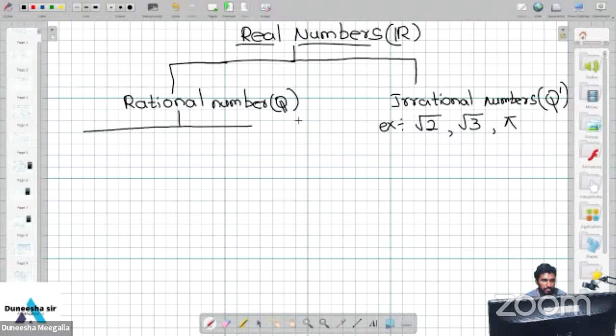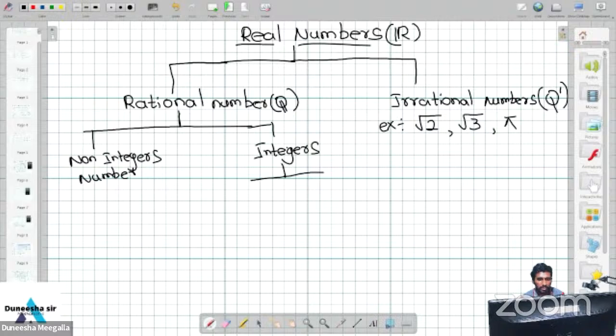Rational numbers can be divided into integers and non-integer numbers.